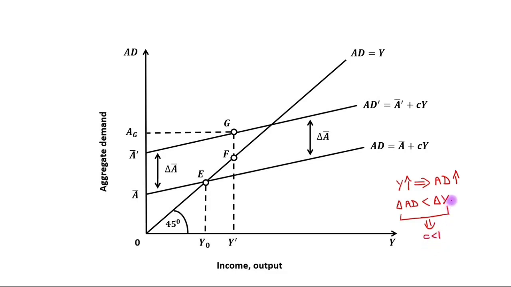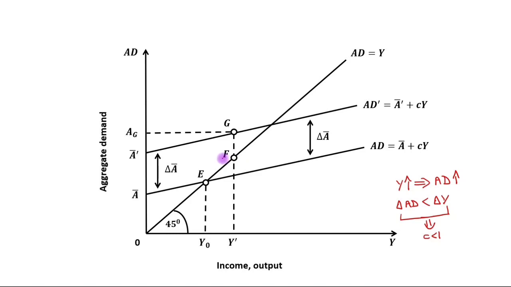The whole increase in income was not spent on consumption, only a fraction of that increase in income was spent on consumption, due to which this gap between aggregate demand and output level has reduced to GF.